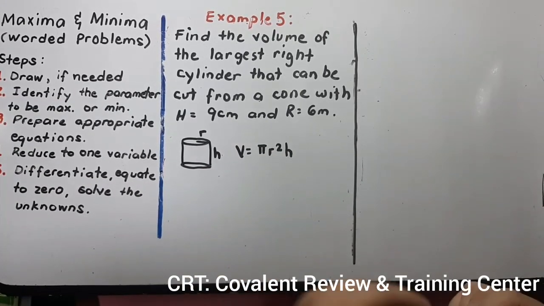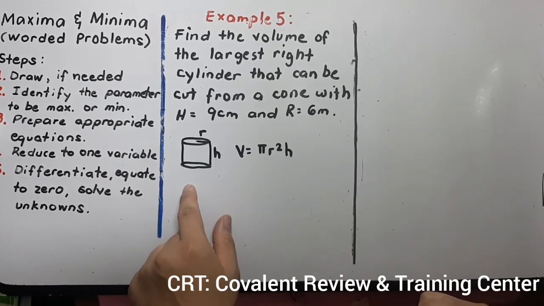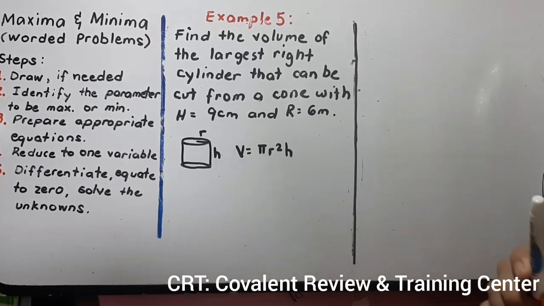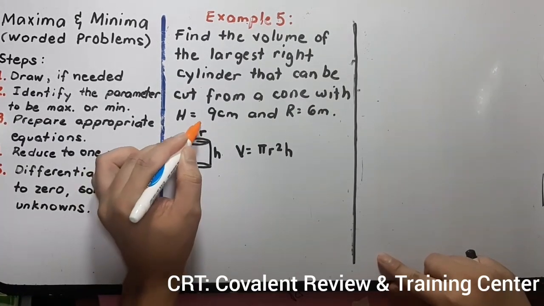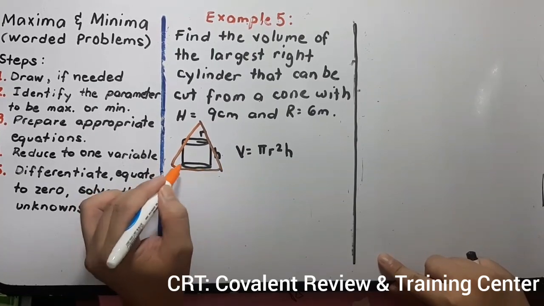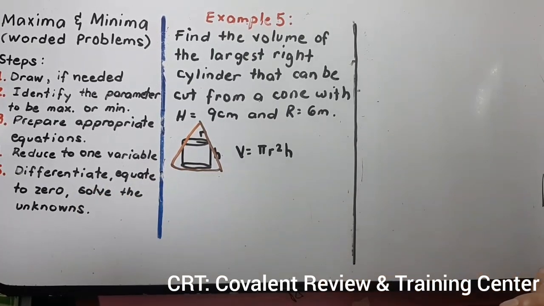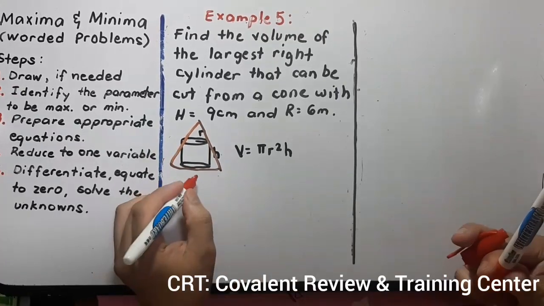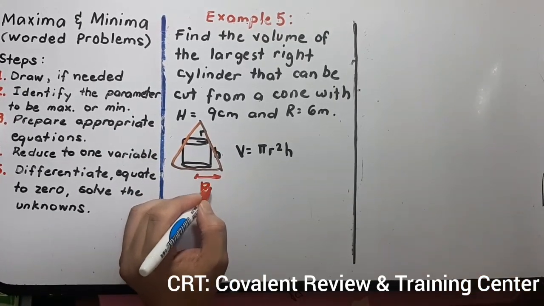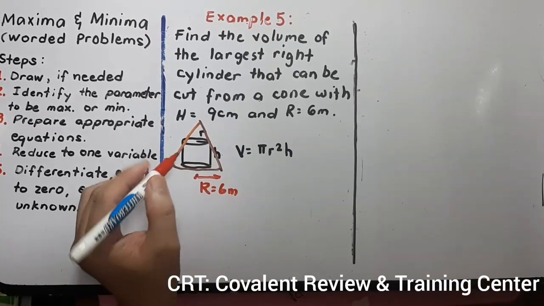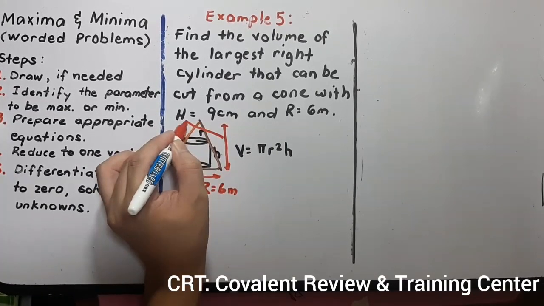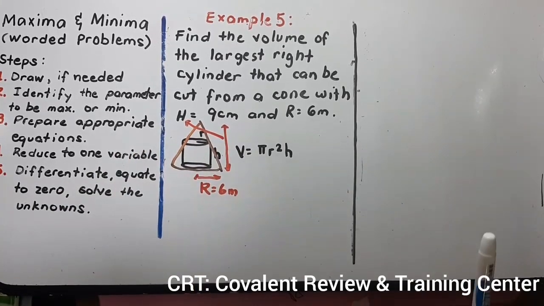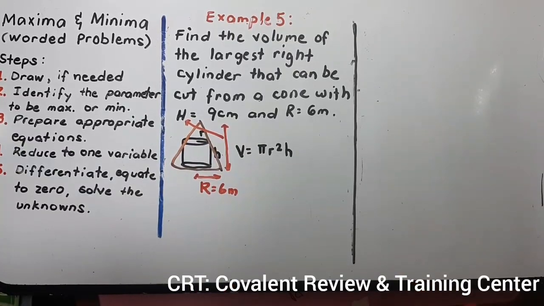And if this cylinder will be cut from a cone, let us illustrate the cone. This is the cone with radius capital R equals 6 meters. And the height of this cone is capital H, 9 meters.